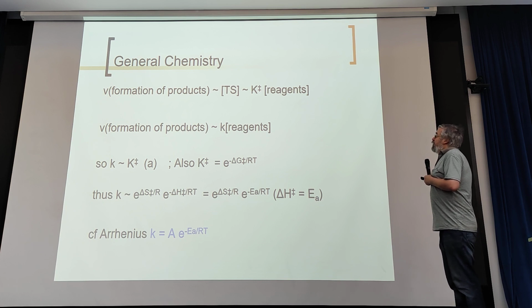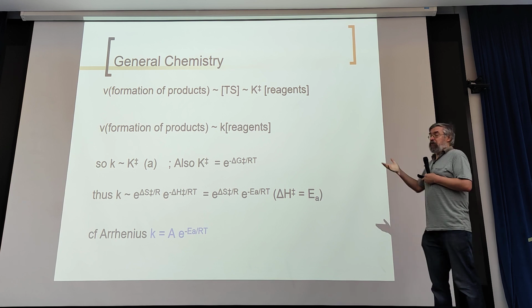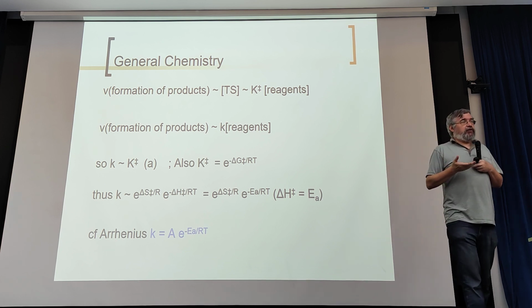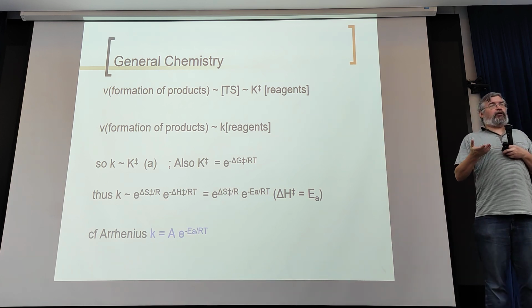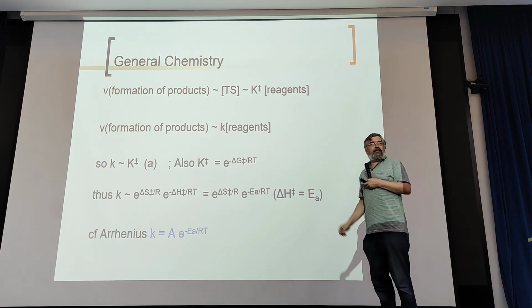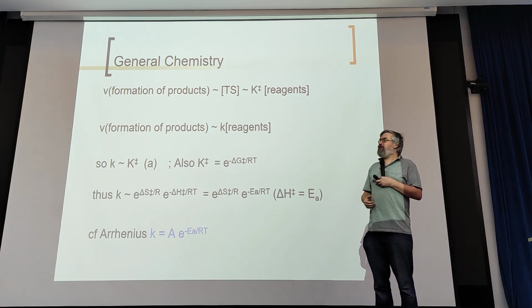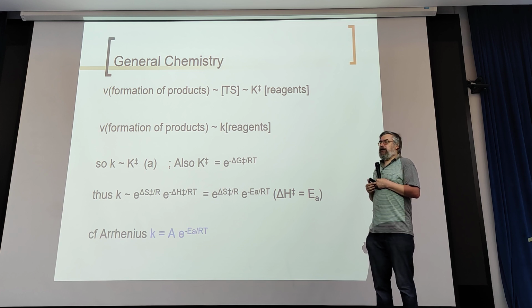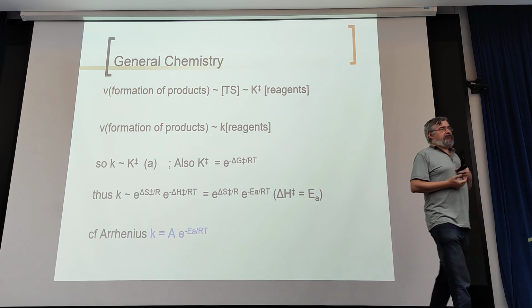So that actually means that also, of course, the rate can be written as usual, as a first order, starting from the transition states. And so now we have small k for the rate constant, and we have the concentration of the reagents.